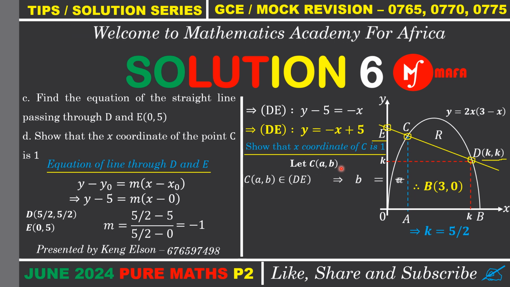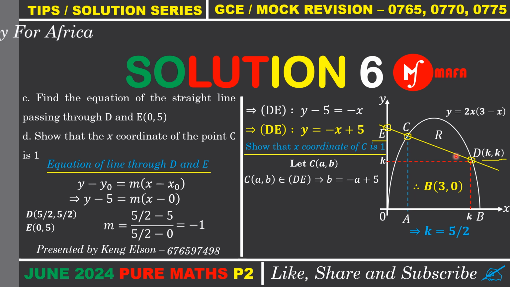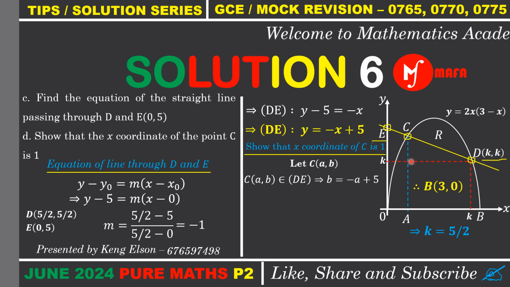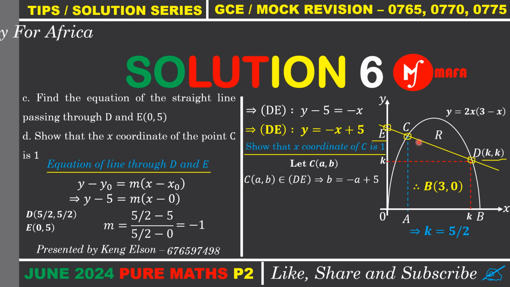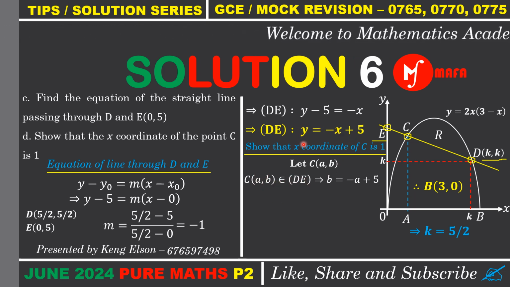Now the first thing is that this point C is the point of intersection of the curve and the line, so it belongs both to the curve and the line. In other words, its x and y coordinates will satisfy the equation of the line and will also satisfy the equation of the curve. If the point C belongs to the line, it means that its y coordinate is negative its x coordinate plus 5.